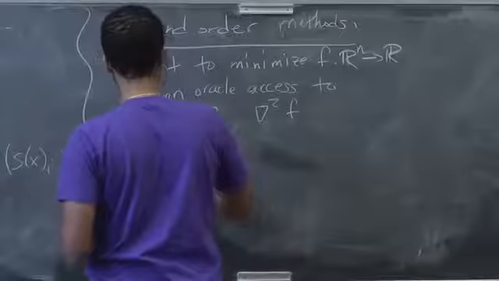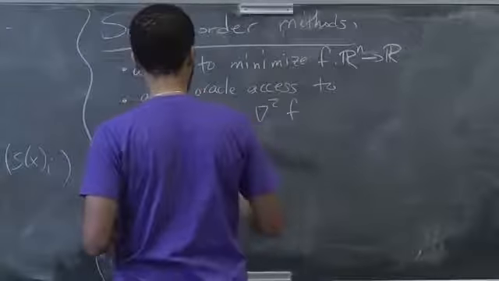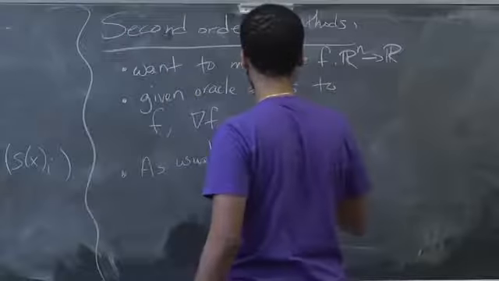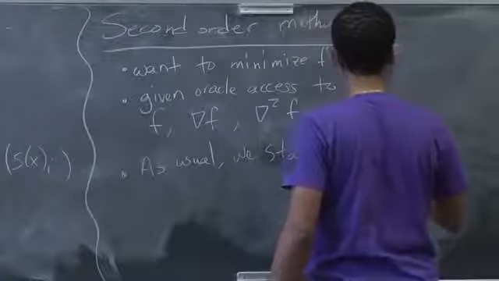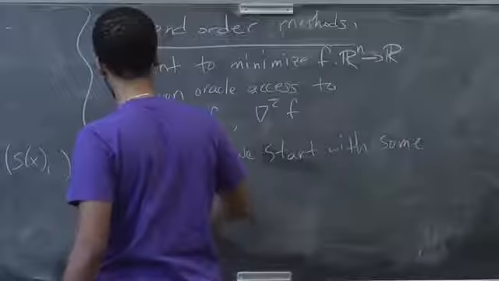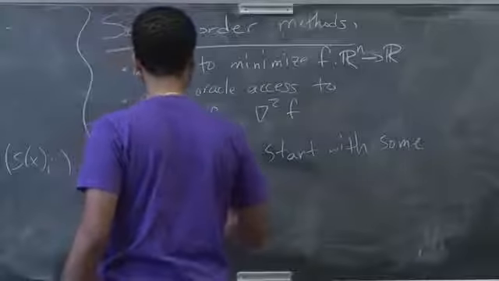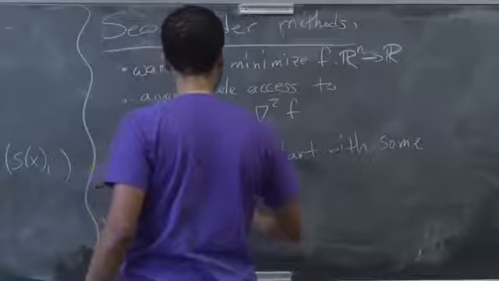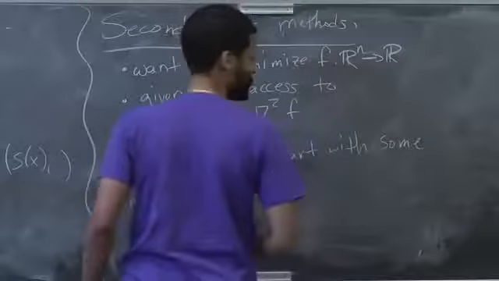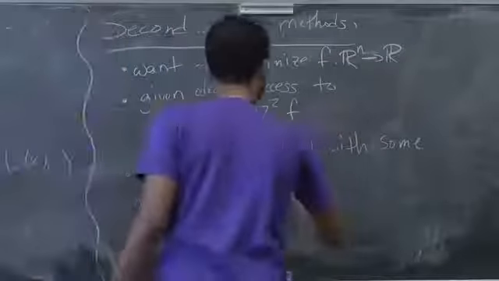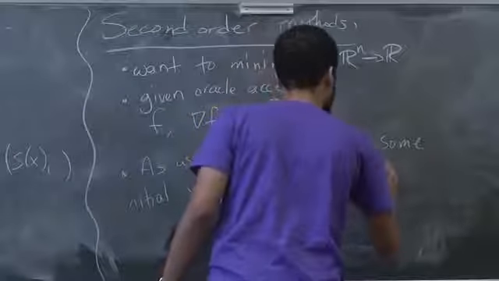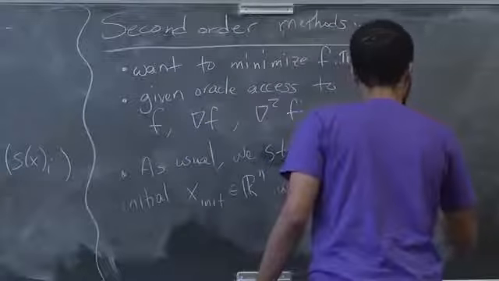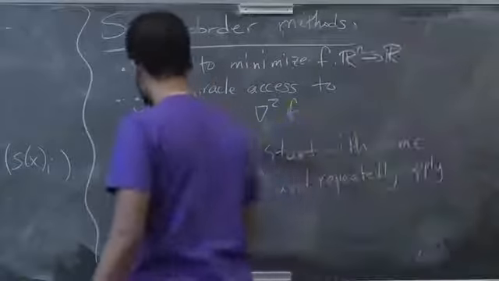So as usual, we start with some initial x_init, let's say in R^n, and repeatedly apply some update rule.